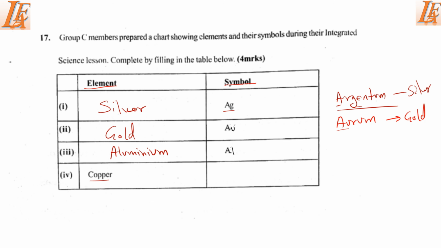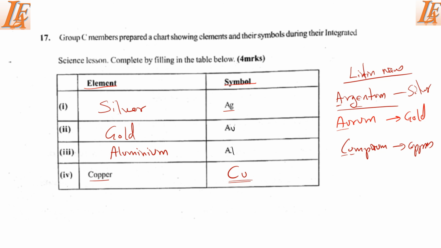The chemical symbol for copper is capital C, small u. And this one we get from the Latin name. These are Latin names. The Latin name of copper is cuprum, so we get the symbol from the first two letters of the word cuprum. So in this case, the symbol for copper is Cu.